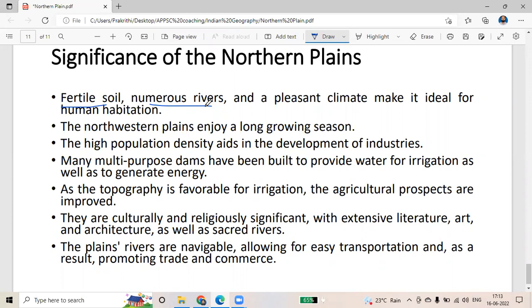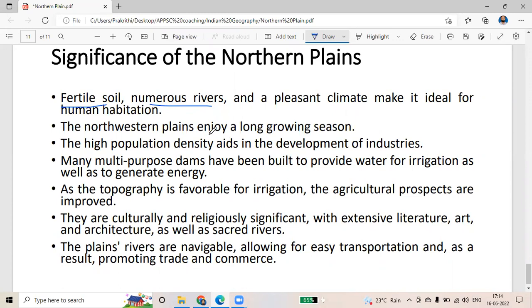Getting enough rainfall. So the climate is pleasant. I am not saying always, because in March, April, May season में उधर temperature बहुत ज़्यादा हो जाएगा. But still that is suitable for agriculture.